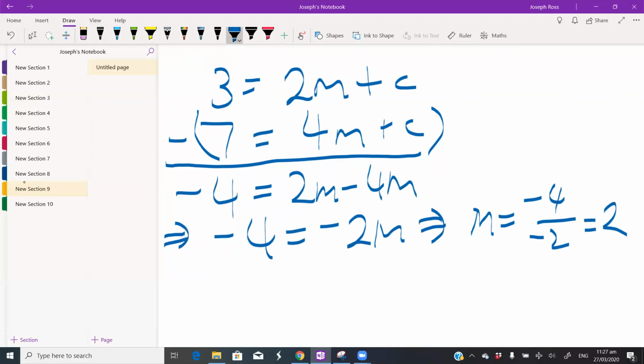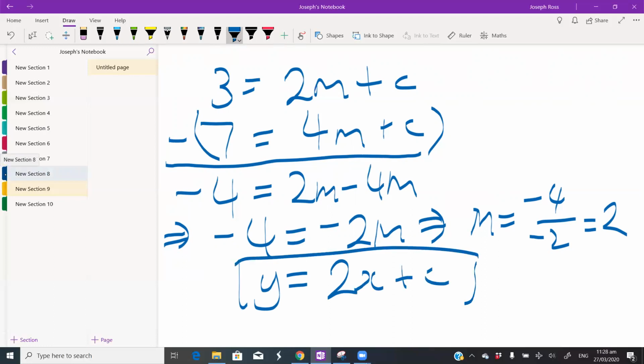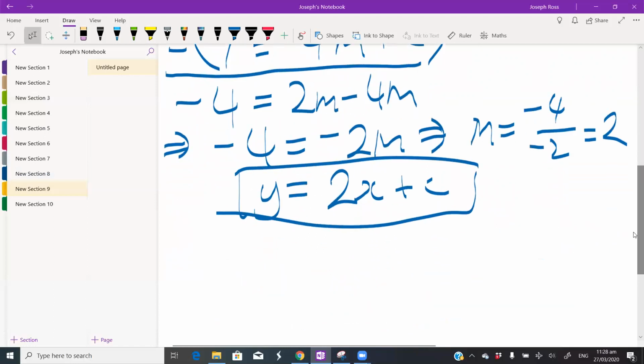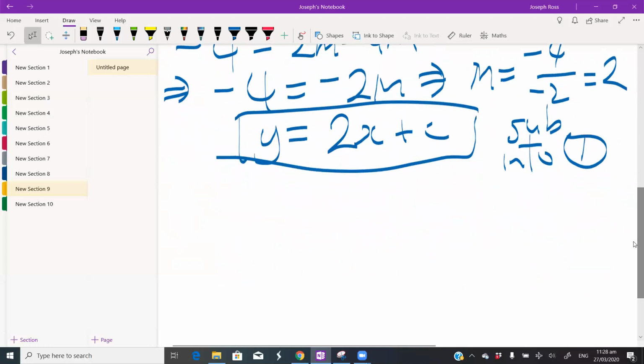Very good. That's consistent with what we had on the last page, a gradient of 2. So our equation is y equals 2 times x plus c. So far we are in complete agreement with what we found using method 1. And then we can substitute m equals 2 into the original first equation, which was 3 equals 2m plus c.